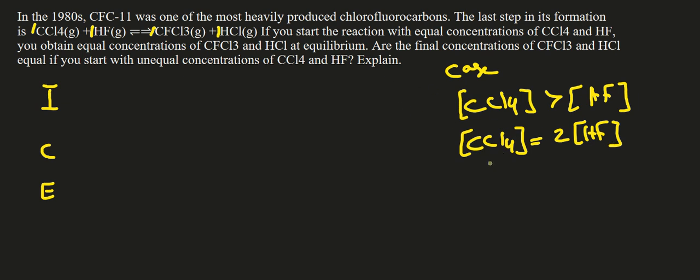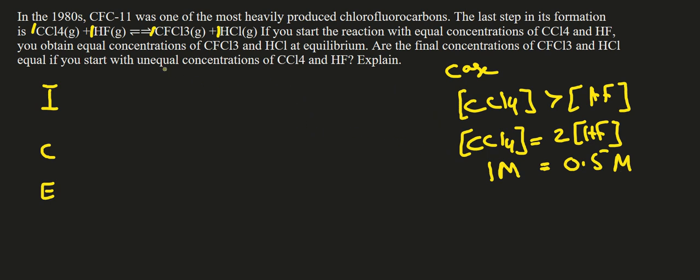If we start with 1 molar of CCl4, sorry, the hydrochloric acid is going to be half of that. So if the CCl4 concentration is twice that of hydrochloric acid, and we start with 1, it's going to be half.